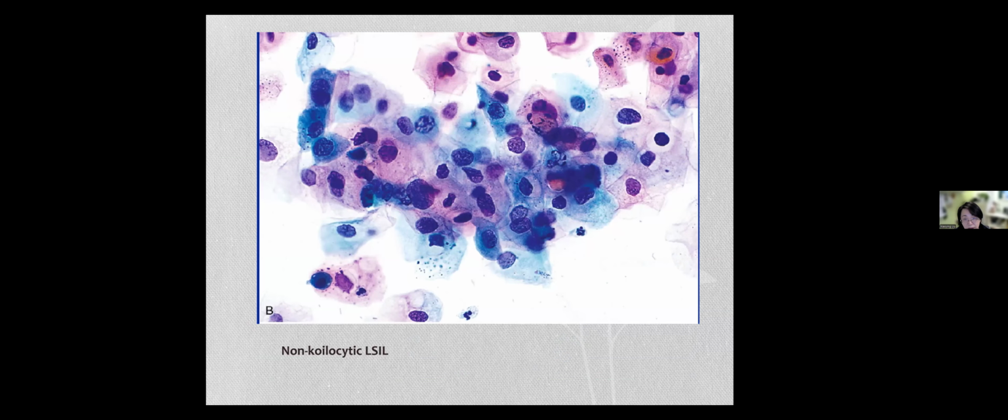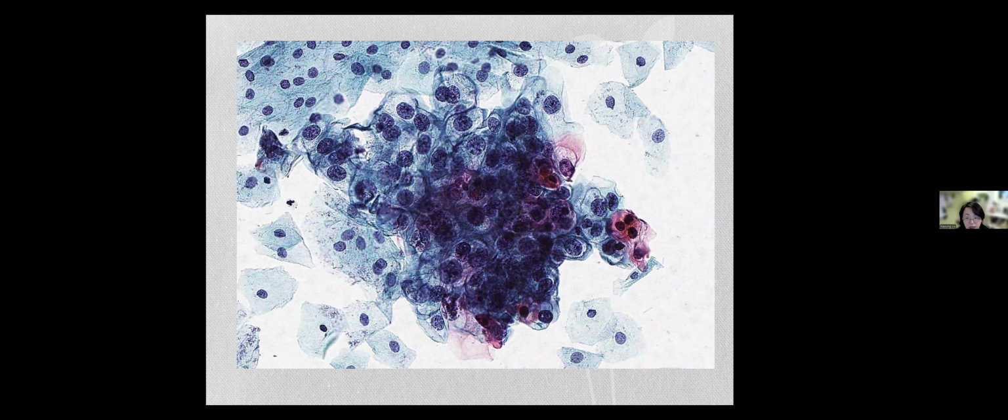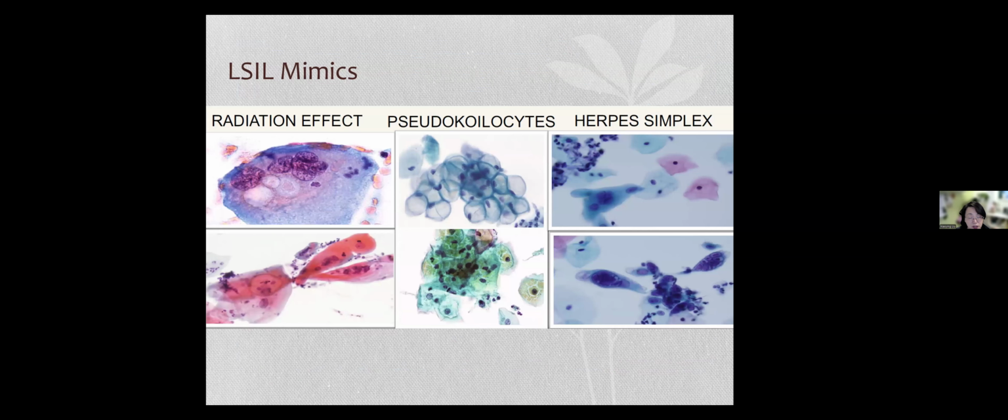You don't see that much classic koilocytic change, but nuclear atypia nailed the diagnosis as low-grade SIL. This one is keratinized low-grade SIL, with very large hyperchromatic nuclei. The cytoplasm is orange, but the nuclear feature is there. In this one, half is keratinized and the other half is non-keratinized. It's just a few pictures of low-grade SIL.